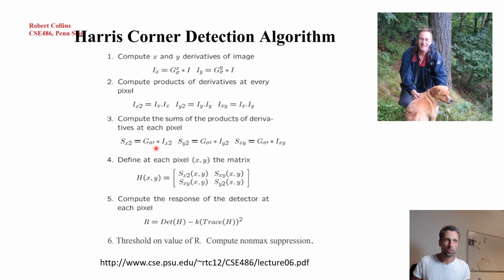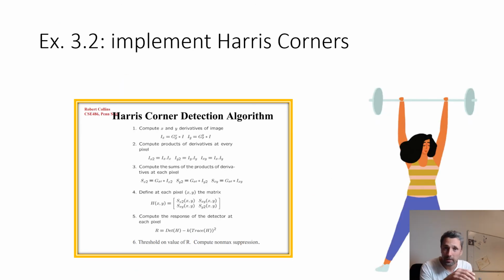We just use the convolution with a Gaussian kernel, and the rest is something that you can find in the slides. So your task for this exercise is to implement exactly that procedure and to find and display Harris corner points.